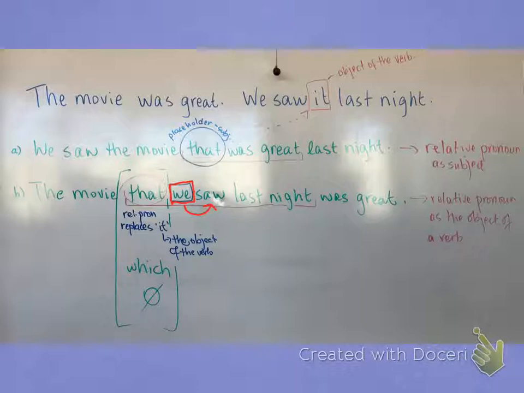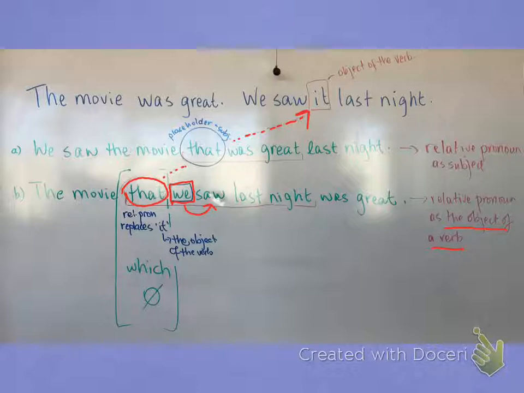We then went on to talk about relative pronouns that function as the object of a verb. So these were the sentences where we saw that the relative pronoun that, which, who, whom replaced an object of a verb.